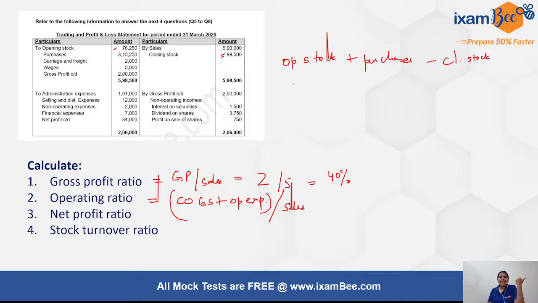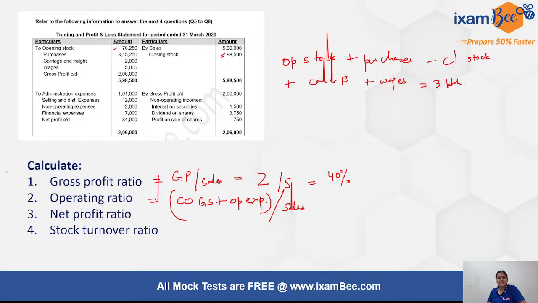So once I get that, then I will add my carriage and freight, because that is my direct expense, and my wages, which is my direct labor. So this will give me the cost of goods sold, right? So this is approximately 3 lakh, if you will calculate. And then I have my operating expense. Now what are my operating expense?